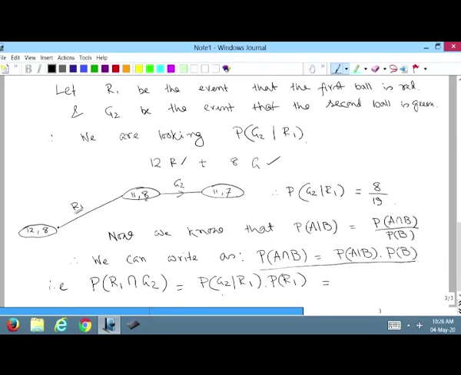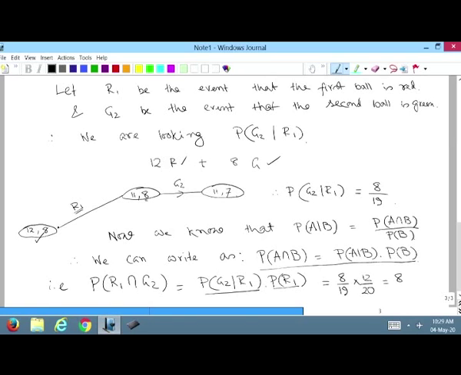The first one is 8 upon 19, and this term P(R1) is the probability that the first ball is red, that is, out of the 20 balls we are choosing any of the 12, so that probability is 12 upon 20.